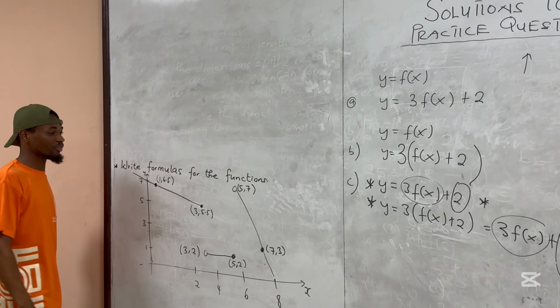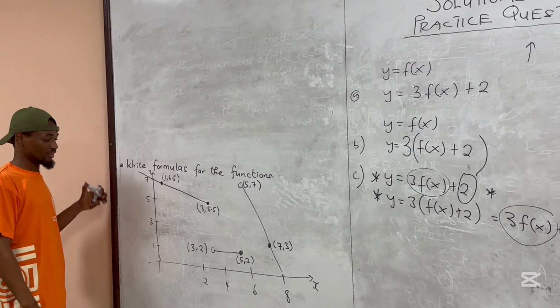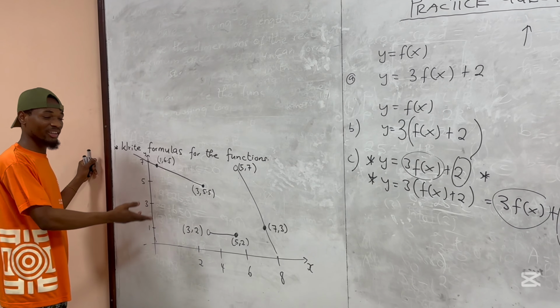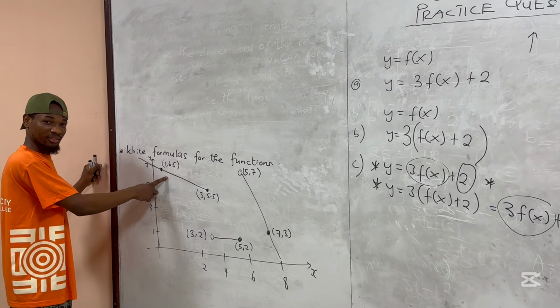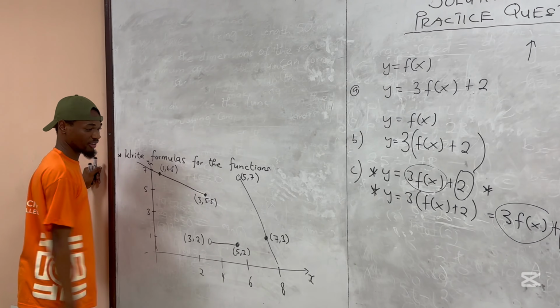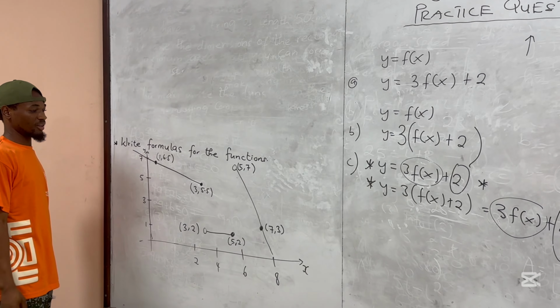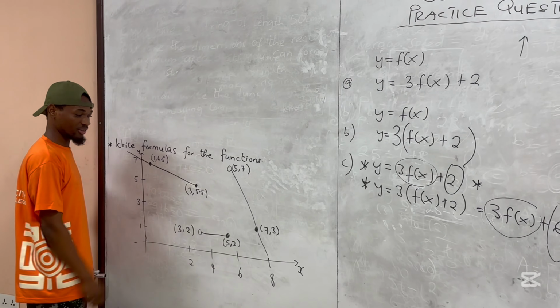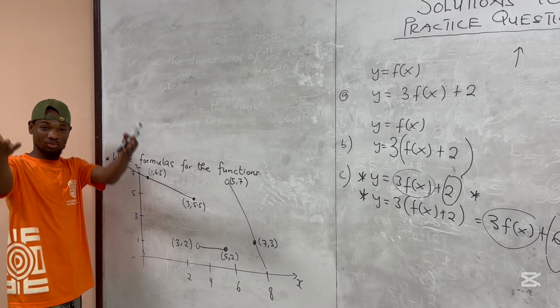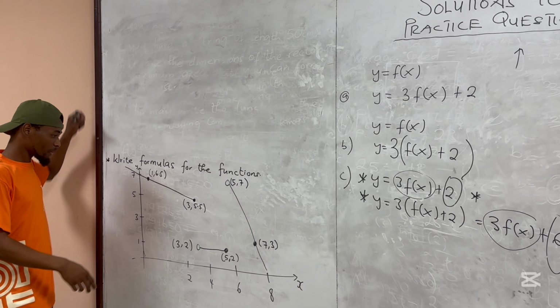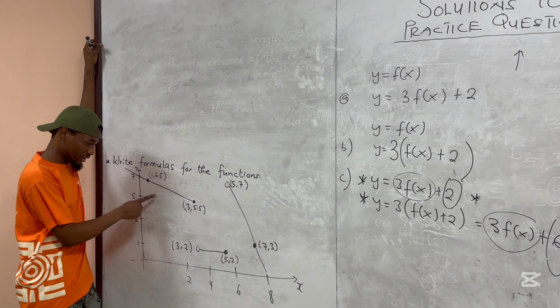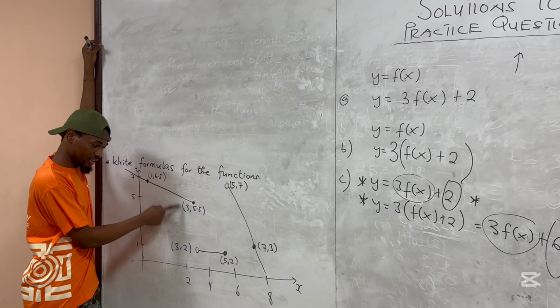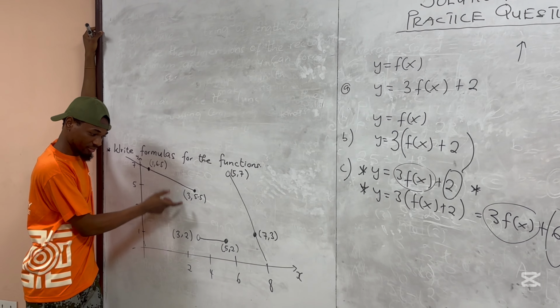Write formulas for the functions, okay? So you have your xy plane, line 1, line 2, line 3, however you do it is up to you, okay? So you have this line with coordinates, the points.